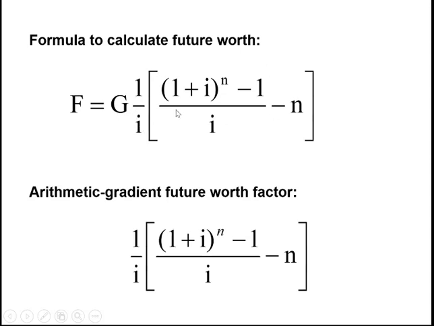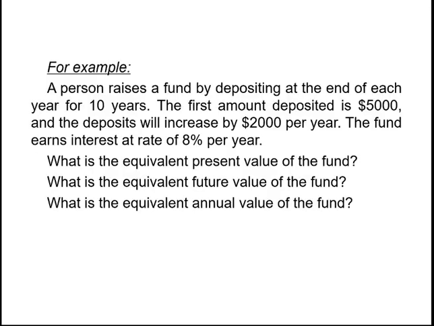Replace G, i, and N into this formula: G is 2,000, i is 0.08, N is 10. That is the second question.